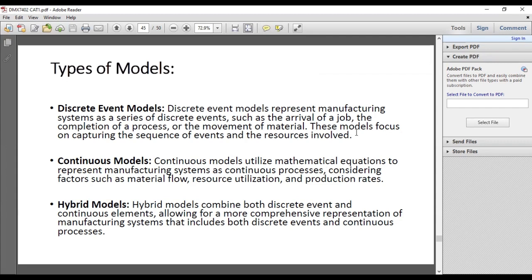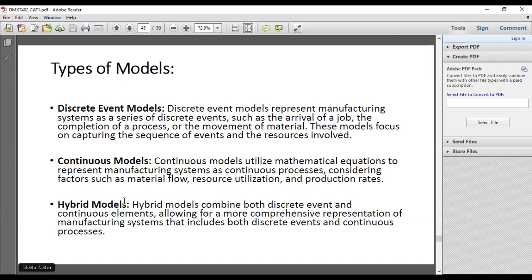Here, in the discrete event model, for each event you will do the modeling separately and consider it as a sequence.